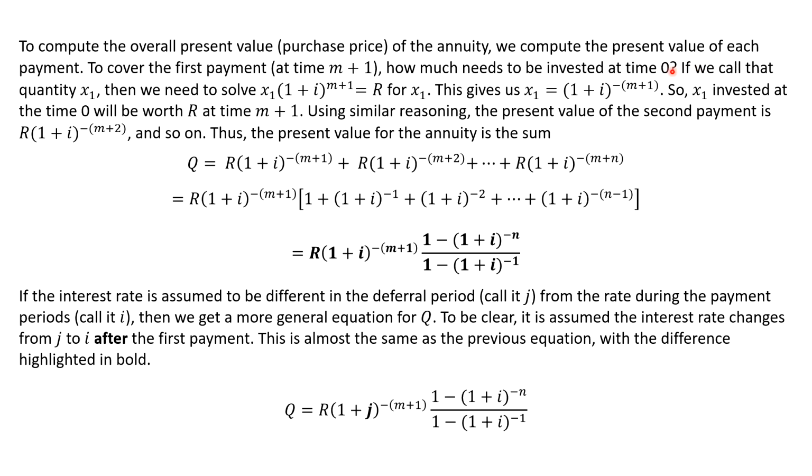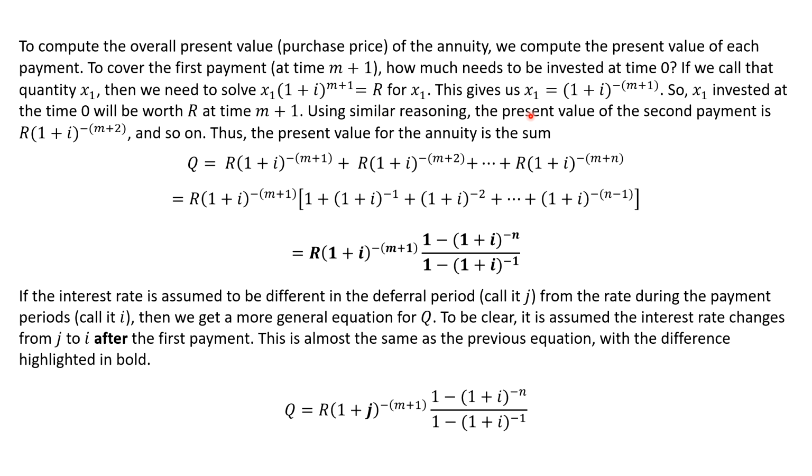If we call that quantity X sub 1, then we need X sub 1 times (1+I)^(M+1), in other words the accrual, the interest of this amount, equal to R after M+1 periods. That's why we have this equation here. And then we just solve for X sub 1 and we get this quantity here. So X sub 1 invested at time 0 will be worth R at time M+1.